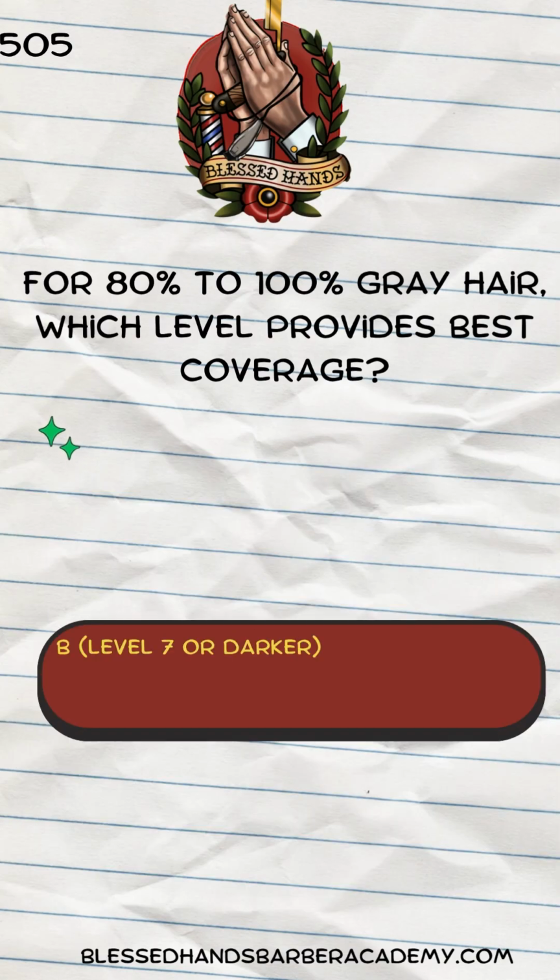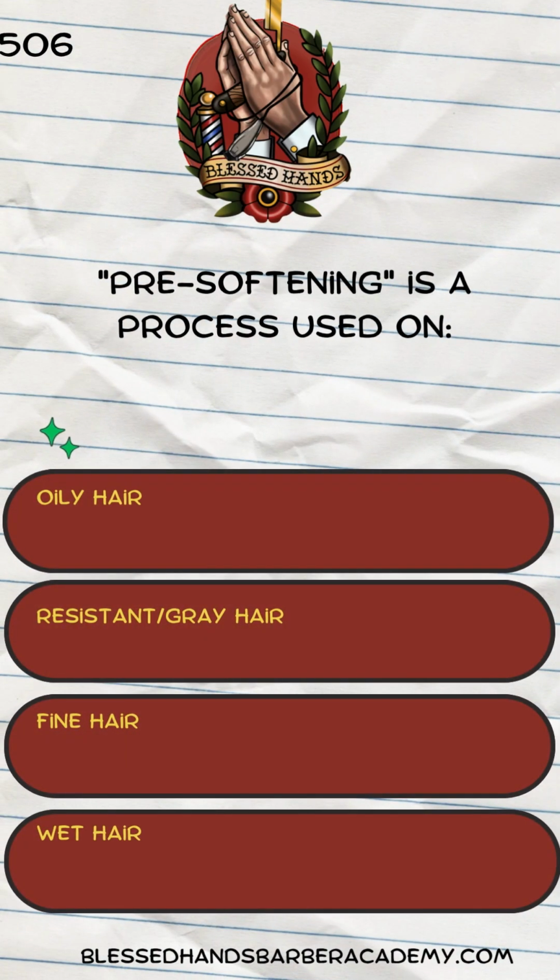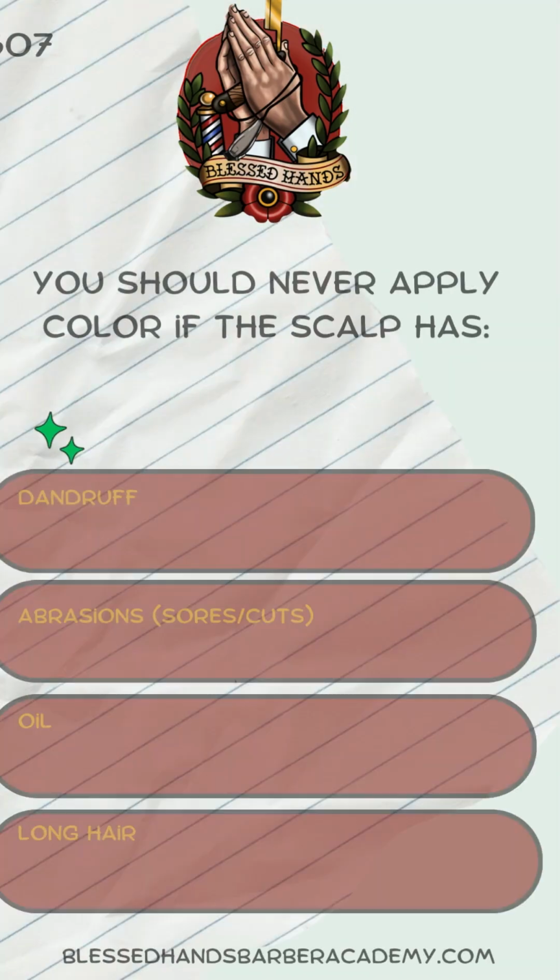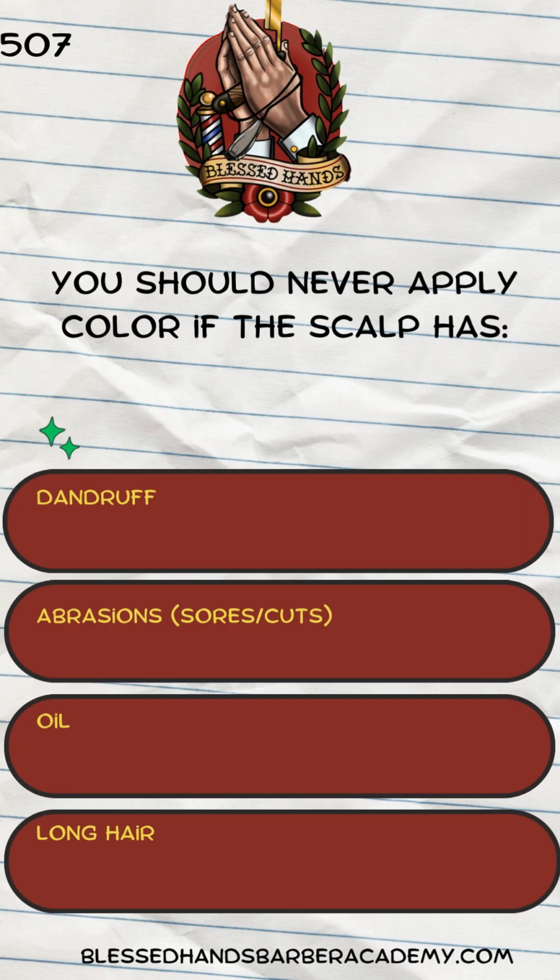B. Level 7 or darker. Pre-softening is a process used on oily hair, resistant/gray hair, fine hair, wet hair. B. Resistant/gray hair. You should never apply color if the scalp has dandruff, abrasions, sores/cuts, oil, long hair.